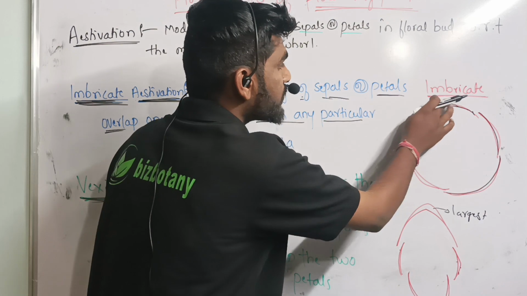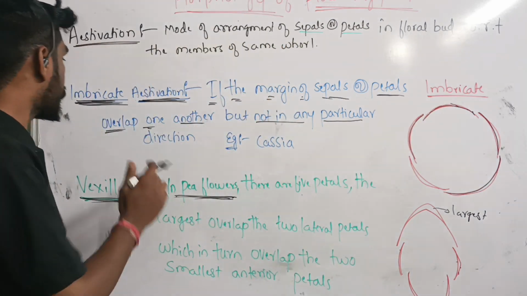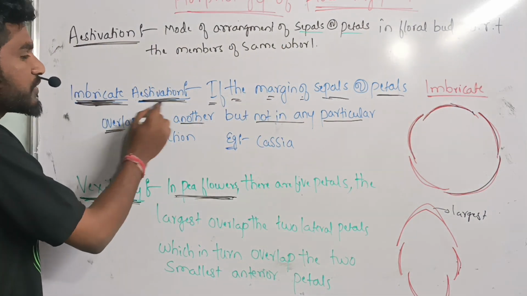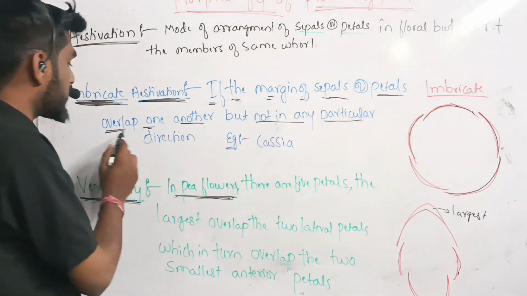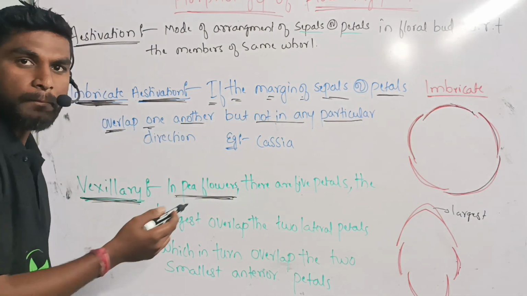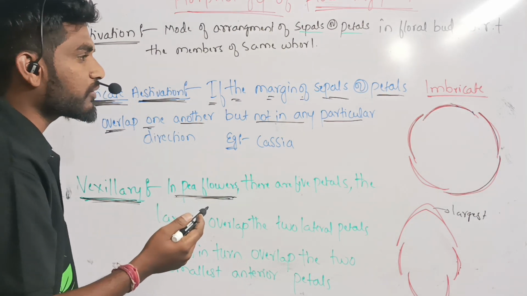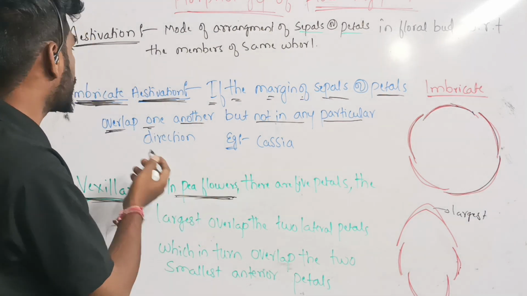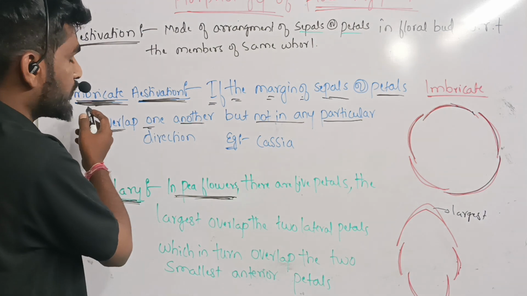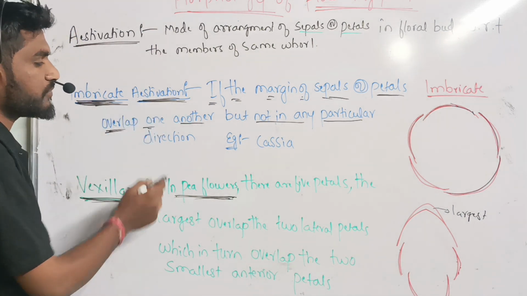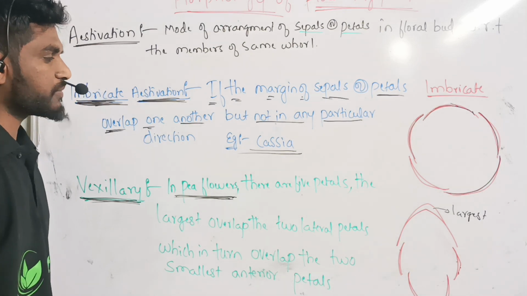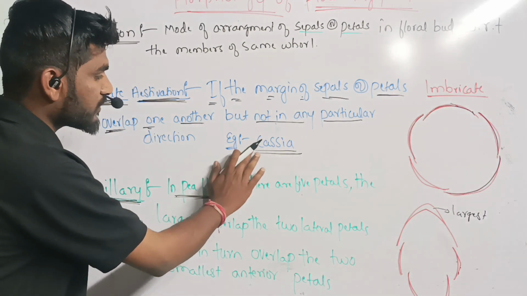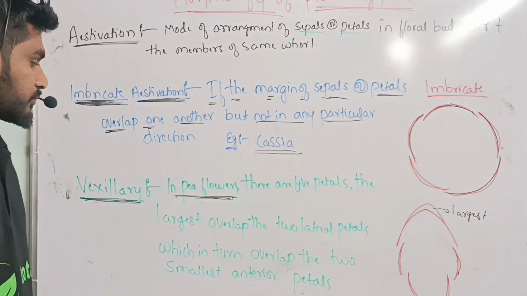Such type of aestivation we call imbricate aestivation. The best example for imbricate aestivation is the cassia flower.